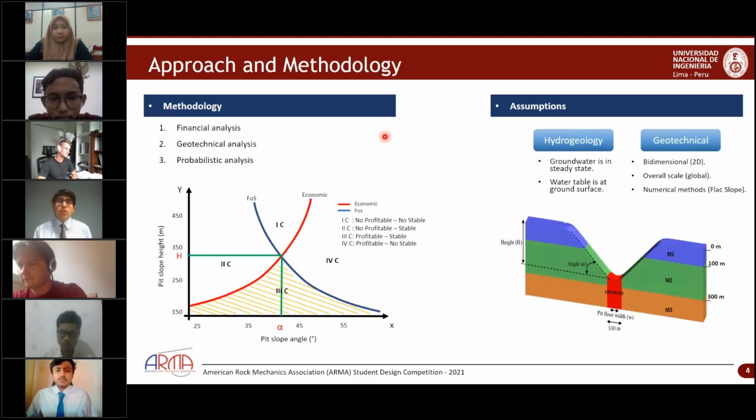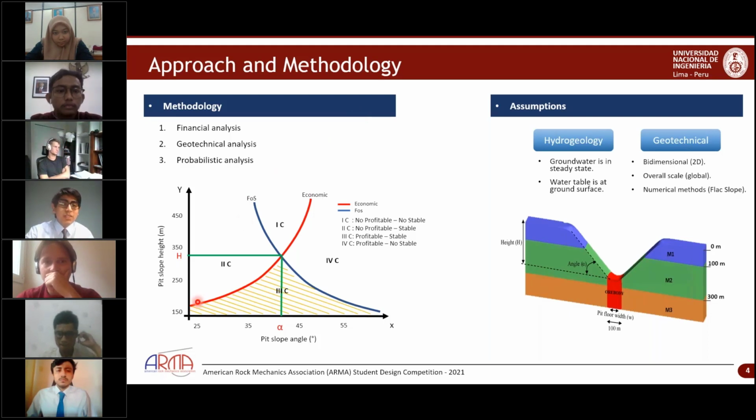Approach and methodology. The methodology that we followed consisted of three main steps. First, the results of the financial analysis were plotted as an economic envelope. This is shown as a red curve in this figure.